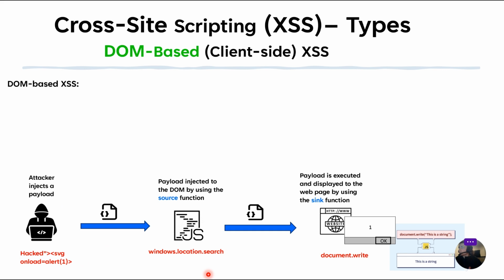It injects the payload using this function, and it will store the payload to the DOM. And then the payload will be executed: it will be read from the DOM and displayed to the web browser with the help of the document.write sink. And that's how this will be seen here.